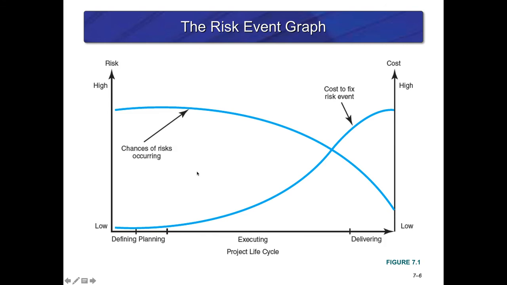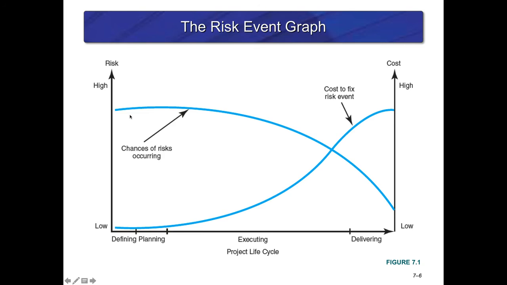Think of this like the cone on the graph you've seen for hurricanes. The closer you get to it actually striking land, the less likely it is to strike you. That cone of uncertainty goes down, therefore the chances of the hurricane hitting are less. It's the same thing with risk management.